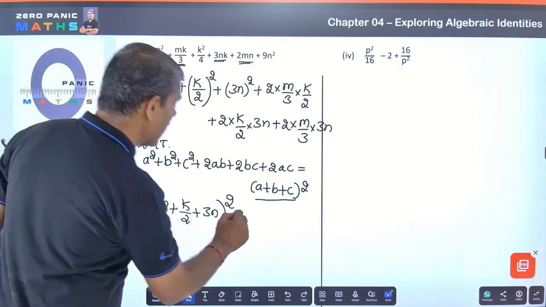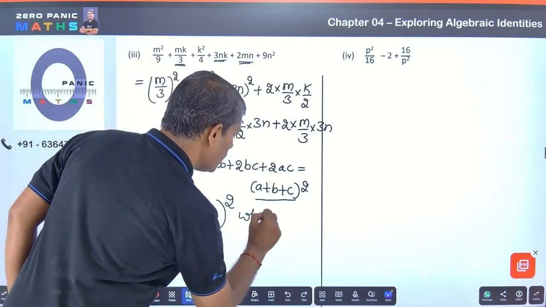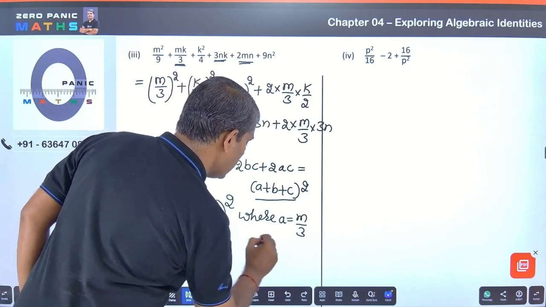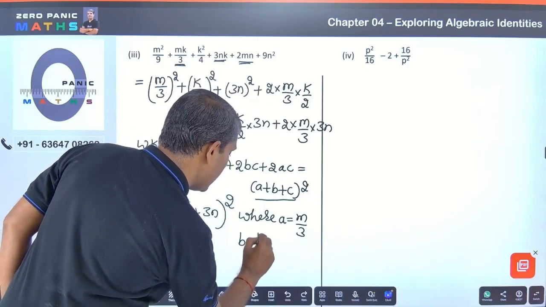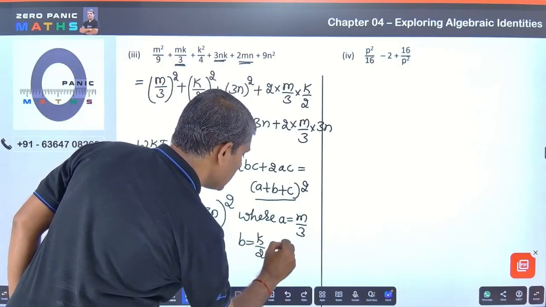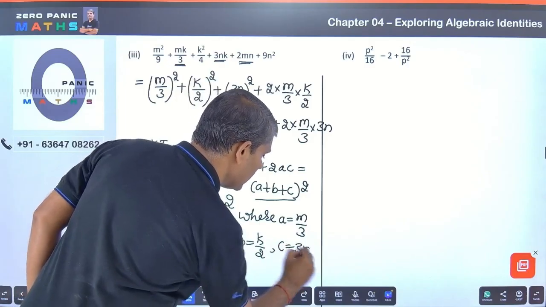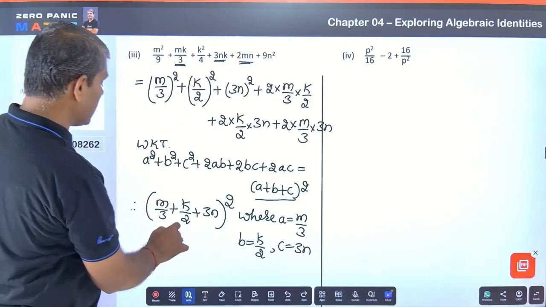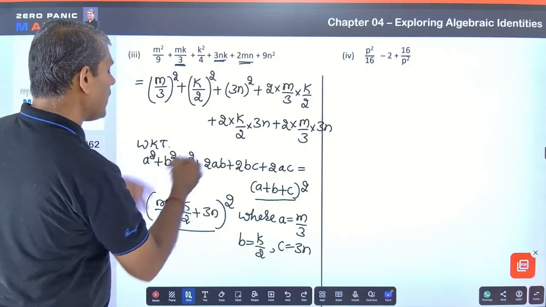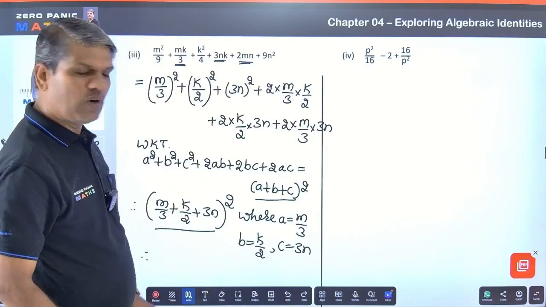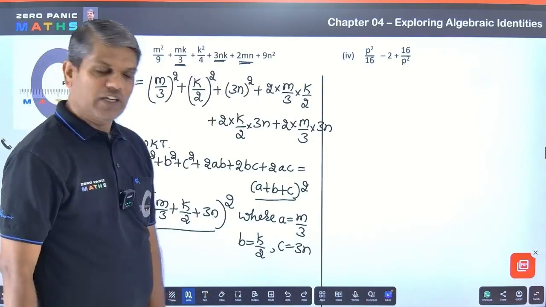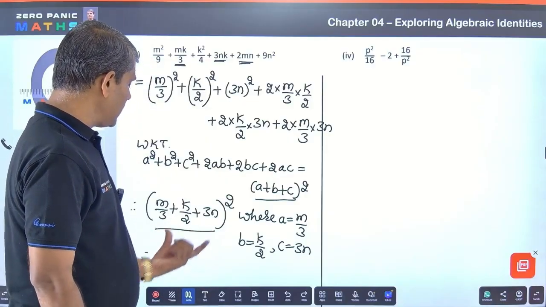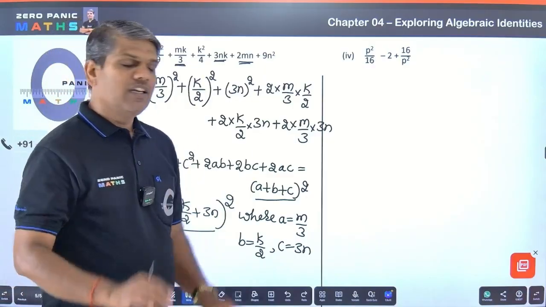So you can write that where a is equal to m by 3, b is equal to k by 2, and c is equal to 3n. Finally you can write that the factors are this multiplied by this another term. I've done it till the solution. You can just write the last statement.